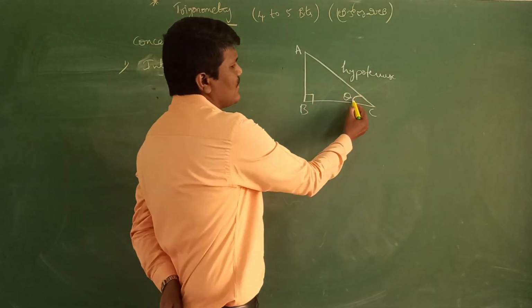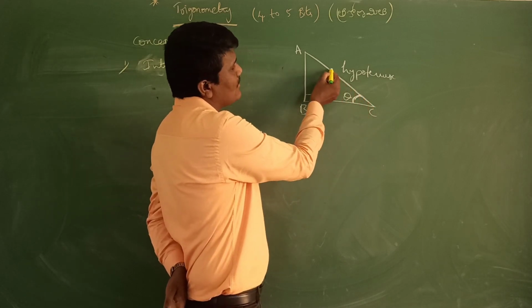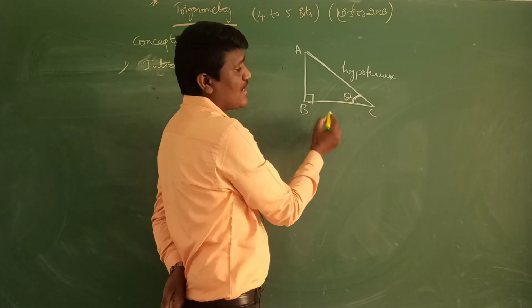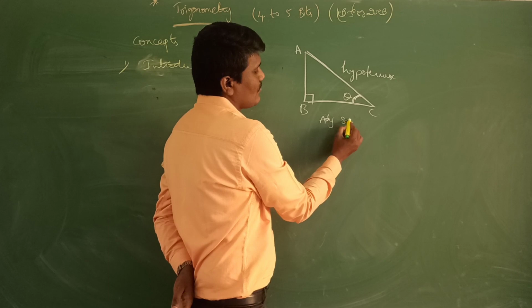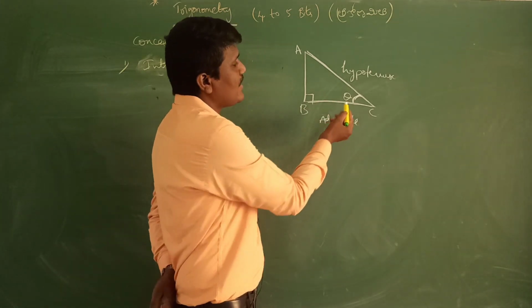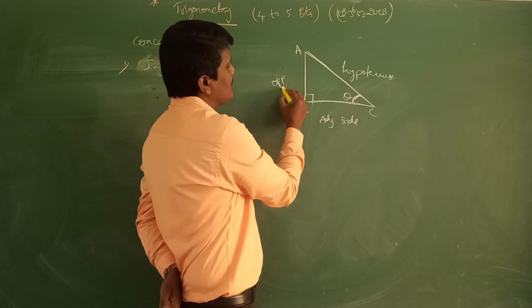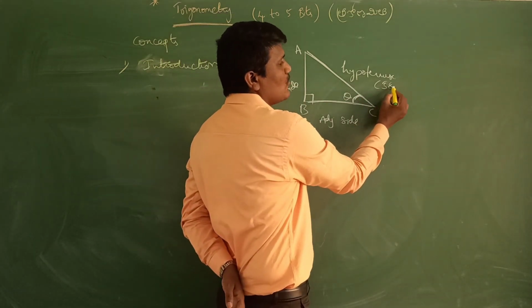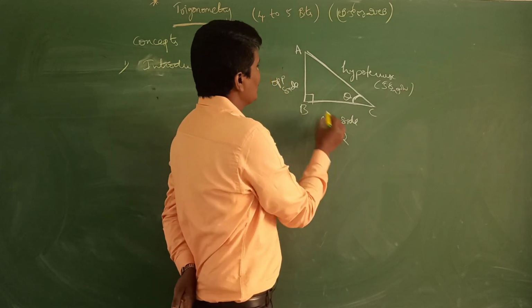Suppose this is theta. Then this side is the hypotenuse and the remaining side we call the adjacent side, and opposite to this angle theta is the opposite side. Hypotenuse means karnamu, adjacent means asanna bhujamu, opposite means eduti bhujamu.